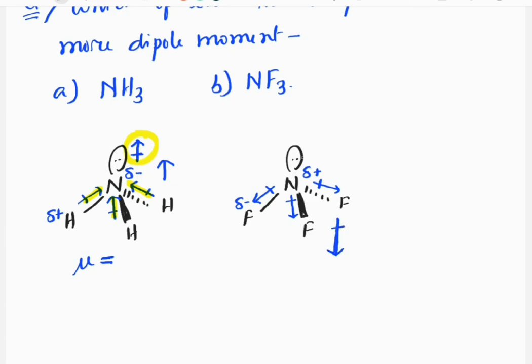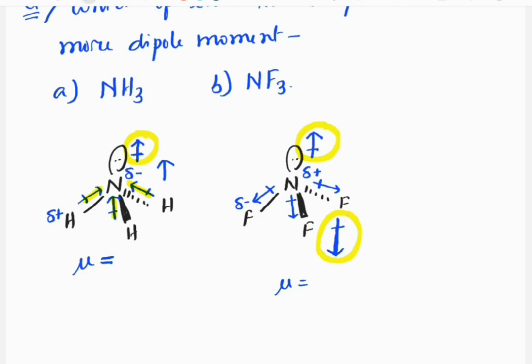Now the moment due to the lone pair of electrons will be acting upward. So the overall dipole moment of this compound will be the vector addition of this and this.